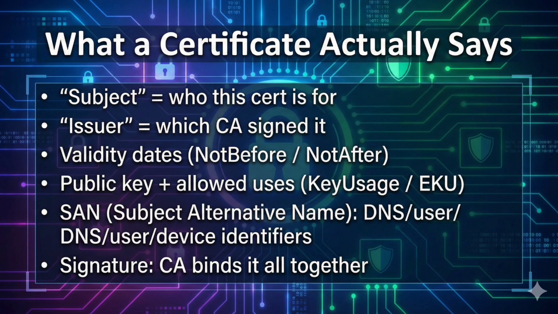The key point: the CA's signature locks all of that together. If someone edits the certificate fields, like changing the name, the signature check fails. That's how PKI prevents trivial forgery. The detailed rules for certificate fields and certification path validation are standardized in X.509/PKIX profiles.